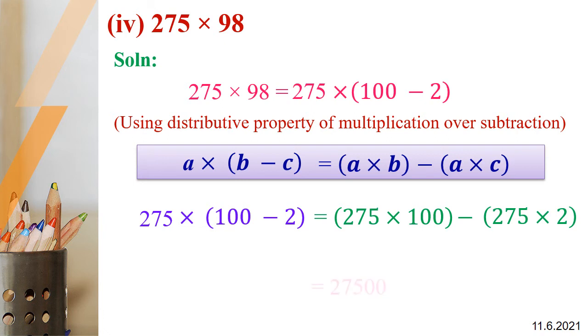So now we get 27,500 minus 550. Now let's subtract 27,500 and 550, we get 26,950.